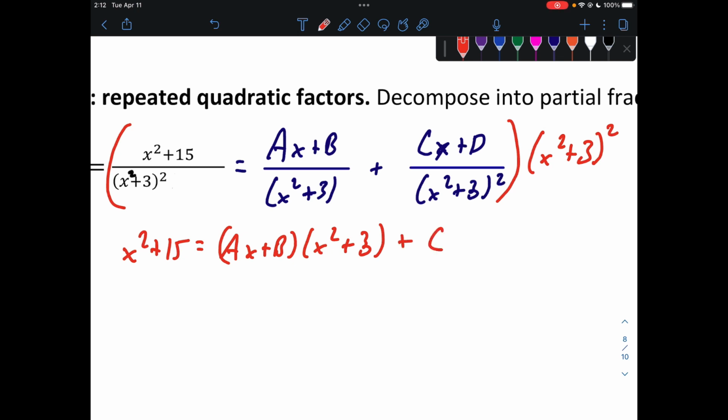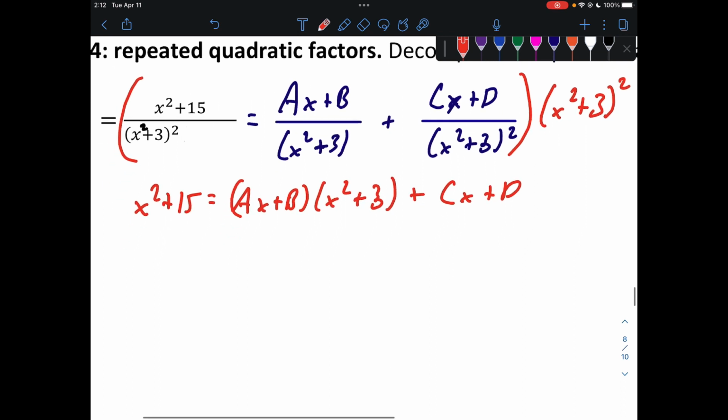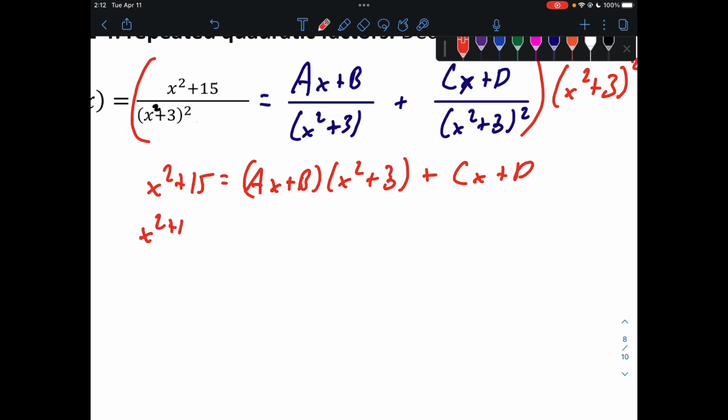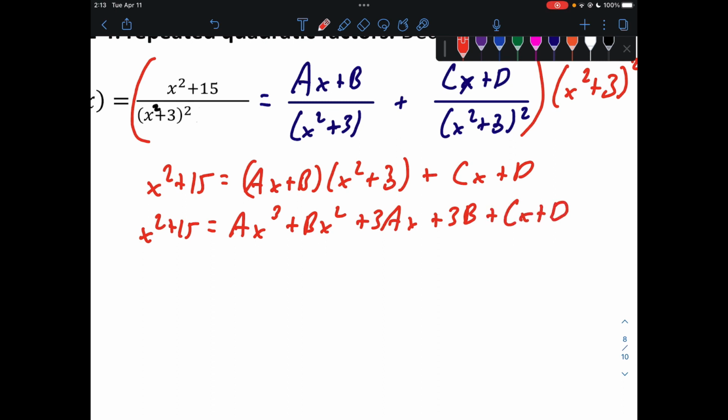The second term both cancel out, so just cx plus d. Now, I'm going to go ahead and simplify that right side. So ax cubed plus bx squared plus 3ax plus 3b plus cx plus d.